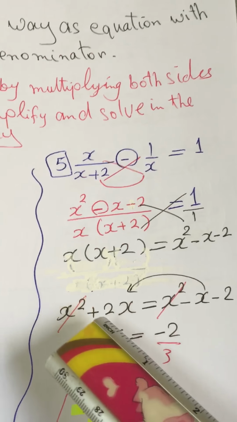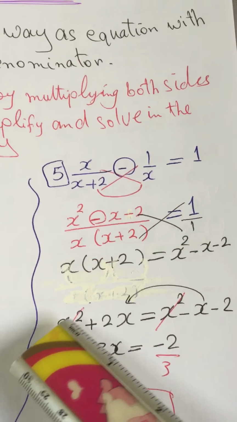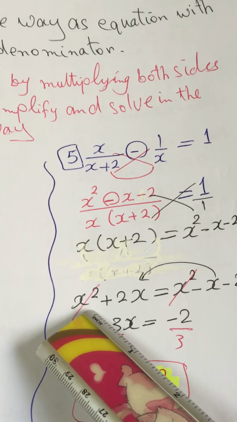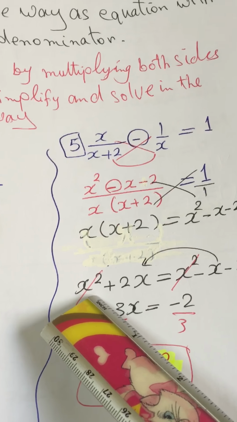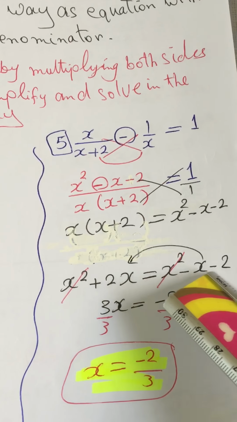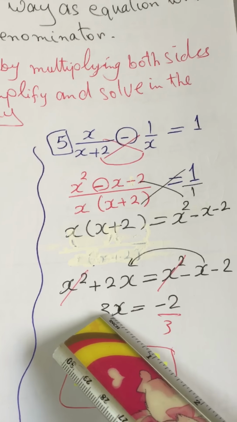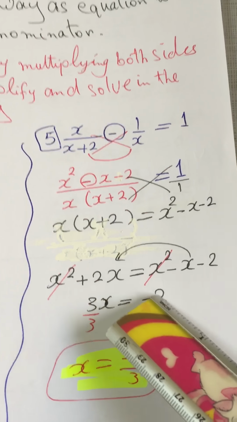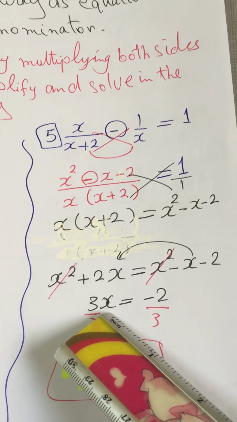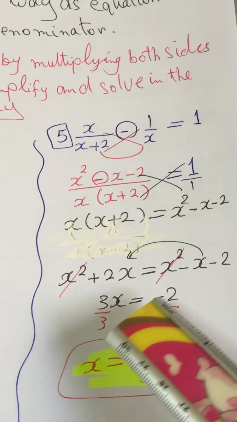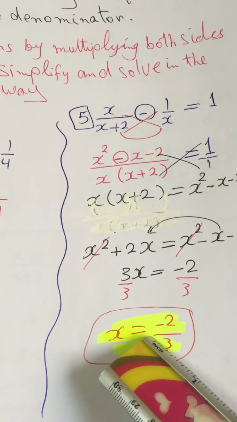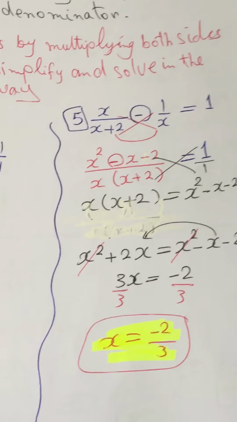I'll transfer the x to the opposite side. Cancel x square with x square, because when I take this to the opposite side it will be negative, and positive and negative give me 0. So 2x plus x equal 3x, and the number here negative 2. So 3x equal negative 2. Divide both sides by the coefficient of x, which is 3, so x equal negative 2 over 3.